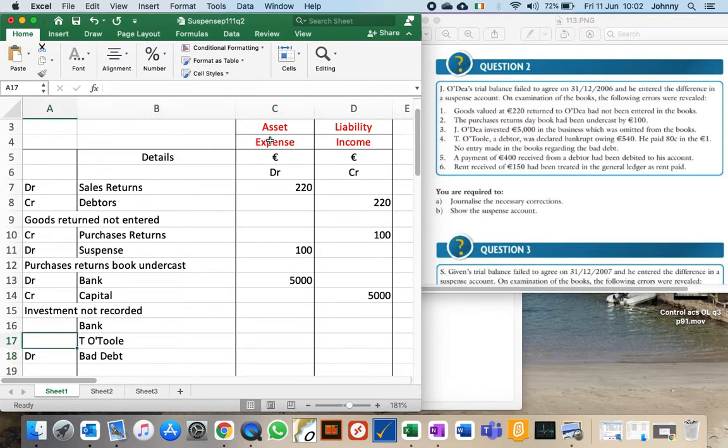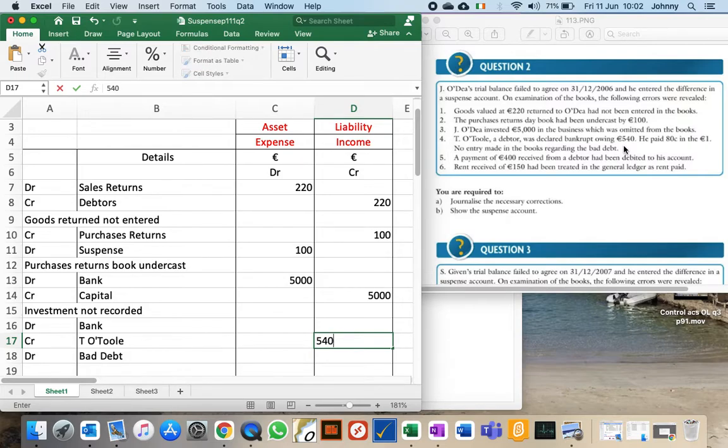TO2 is a debtor. A debtor is an asset, but we're cancelling this debtor, so we're going to have a credit entry in the TO2 account. And bank, we received some money, so bank is an asset, so we have more money in the bank, so DR. Okay, so he's declared bankrupt owing 540. So the debt he had was 540.